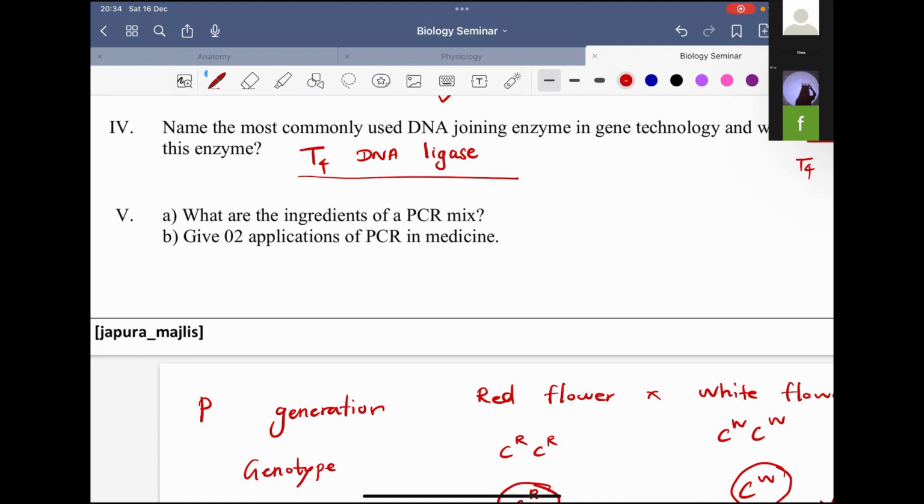Okay, so there are some ingredients that we should use for this PCR. You will need deoxyribonucleotide triphosphates, especially dATP, dGTP, dTTP, dCTP. It is better if you write all of them, but it is fine if you just write deoxyribonucleotide triphosphate. Then you will need a single stranded template DNA.